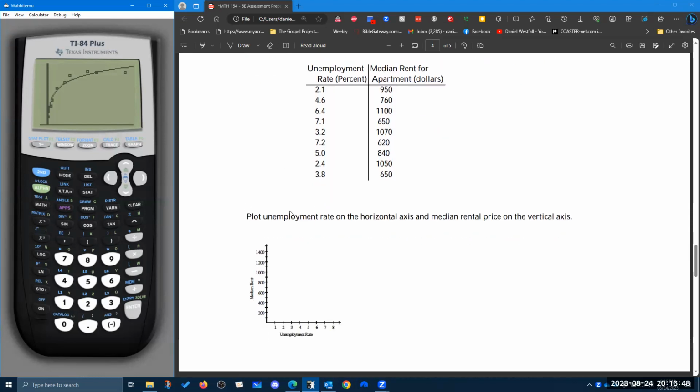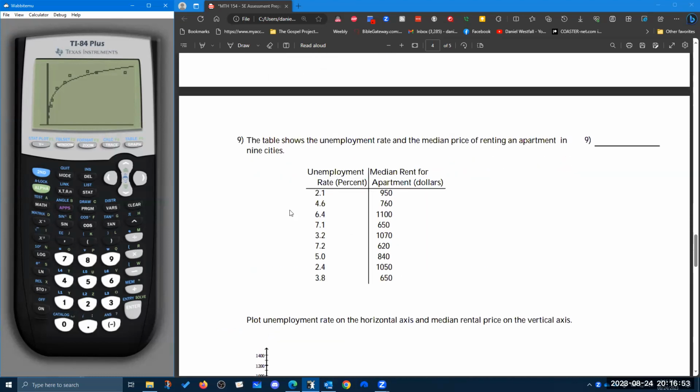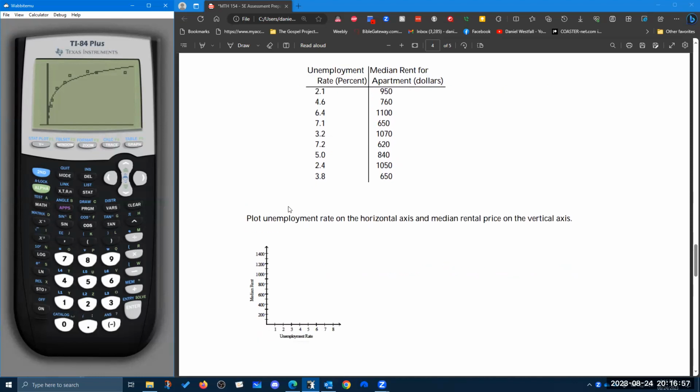Let's go ahead and do this one last example here, which has to do with unemployment rates and median rent for apartments.